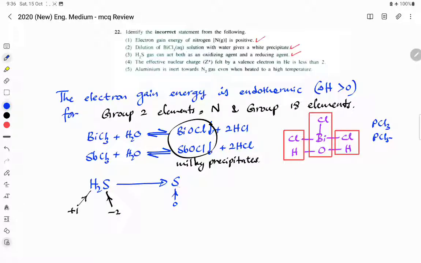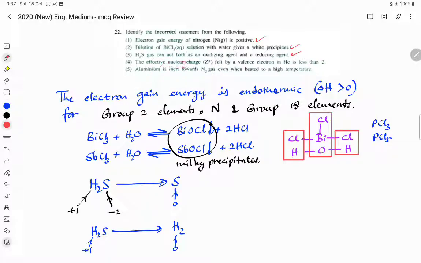Therefore, it's an oxidation reaction, which means H2S is acting as a reducing agent. But H plus can give H2. Here it's +1, and H2 is 0. Therefore, it's a reduction reaction. So in this half reaction, H2S acts as an oxidizing agent, and in the other reaction it acts as a reducing agent. So the third statement is also correct.